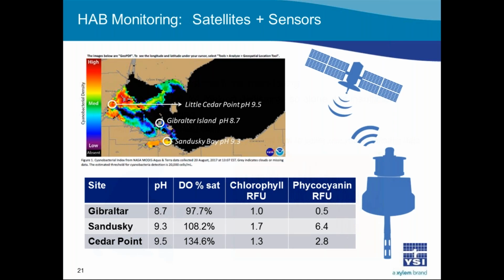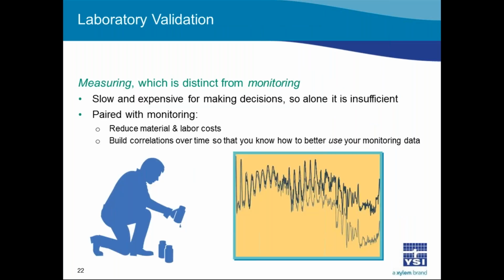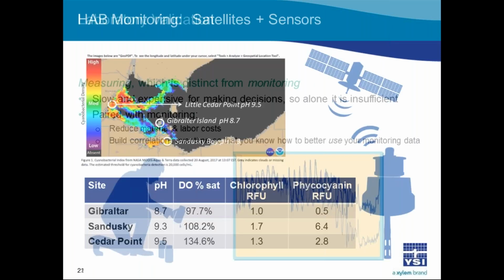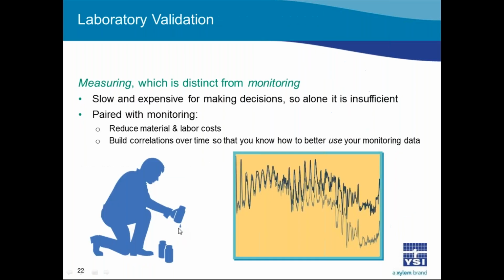Taking that one step further, I strongly encourage people to collect grab samples at their sites of interest. So you really should use data like these for monitoring and helping you decide if and when you should go out to the field and collect actual samples and make measurements of things like I showed you earlier, colony forming units per mil, cells per mil.